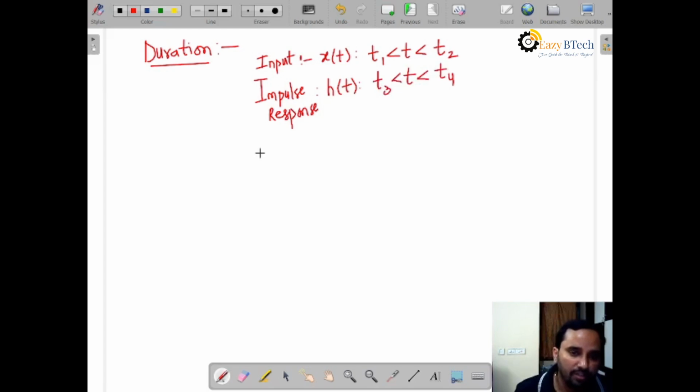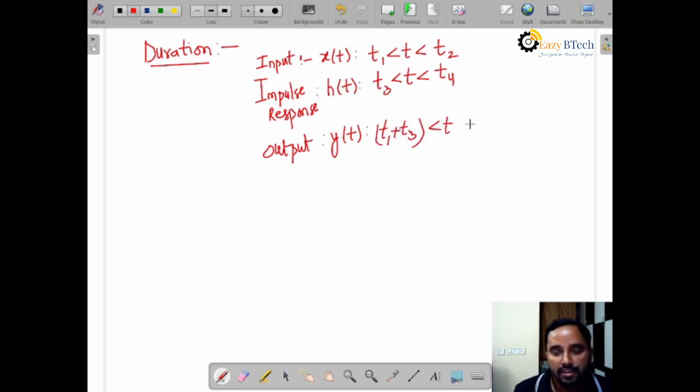Now what is the duration of the output? That is the meaning of the duration property. So the output will be available from where to where? What are the limits of the output? These are the limits of the input, t1 to t2, and of the impulse response, t3 to t4. Then for the output, add the lower limits of x of t and the impulse response, that is t1 plus t3, and add the upper limits also, so t2 plus t4.